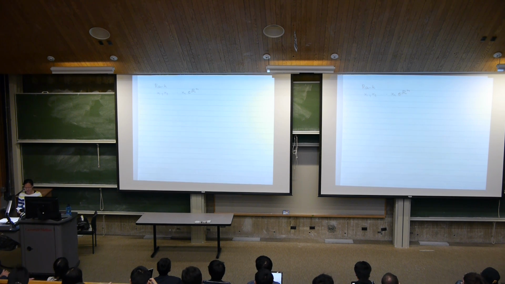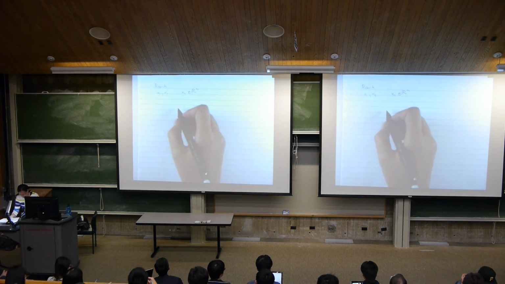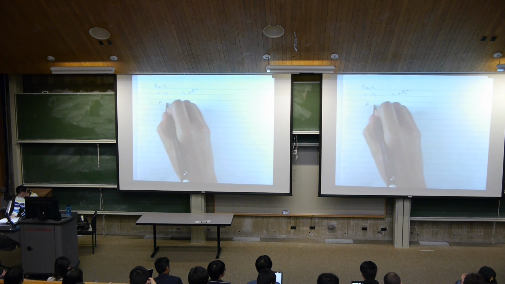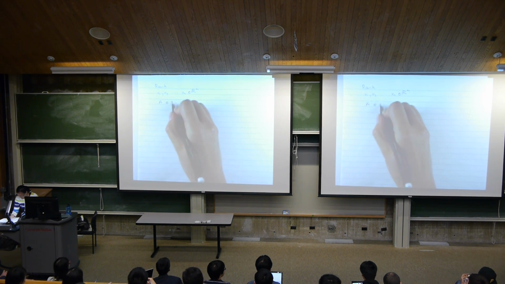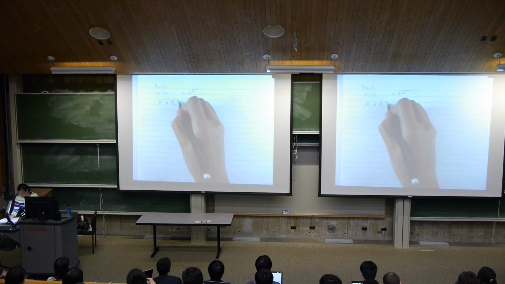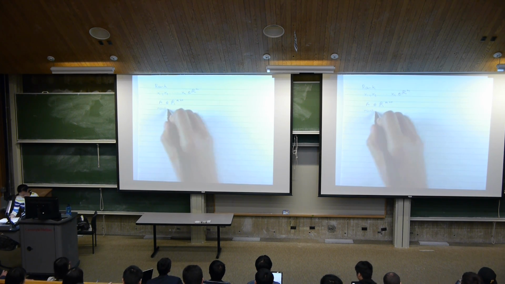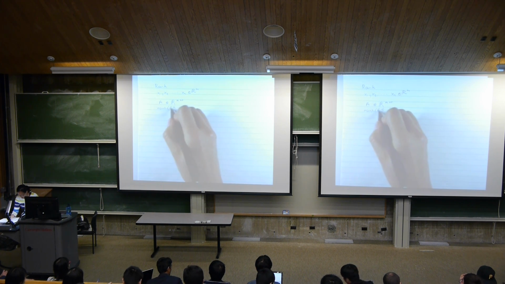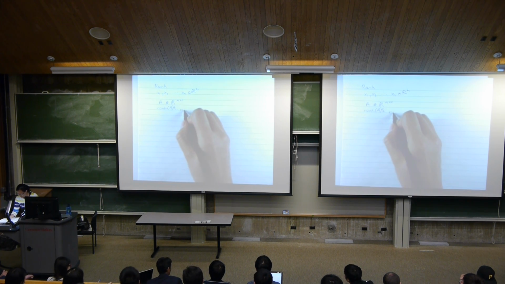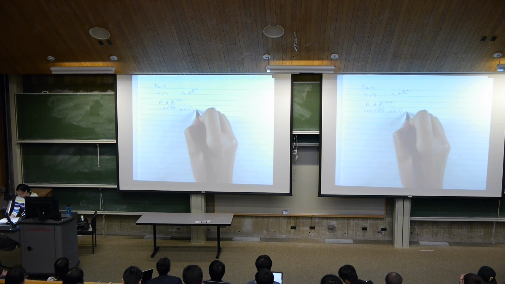So the rank of a matrix is the size of the largest subset of the columns that are linearly independent. So if you have a matrix A in the space of reals m by n, the rank of A has to be less than or equal to the minimum of its rows and columns.